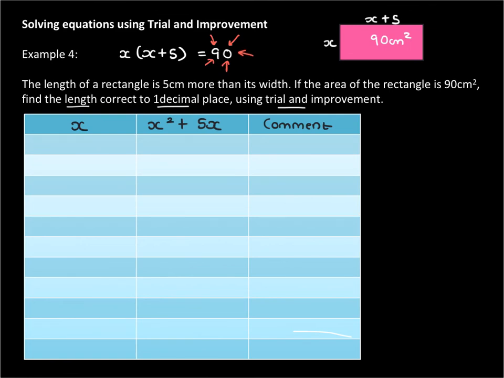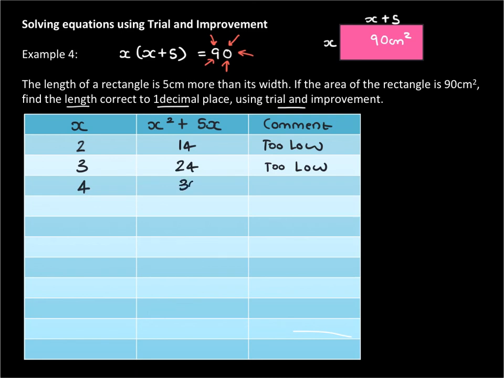And I'm going to choose x equals 2 as a starting point, purely because I know 1 is going to be very small. So from here, if we substitute x equals 2 in, we get 14. So let's fill that in here, which of course is too low. So I'll try x equals 3. Let's see what that gives us. So that's 24. That's still too low. So let me try x equals 4.